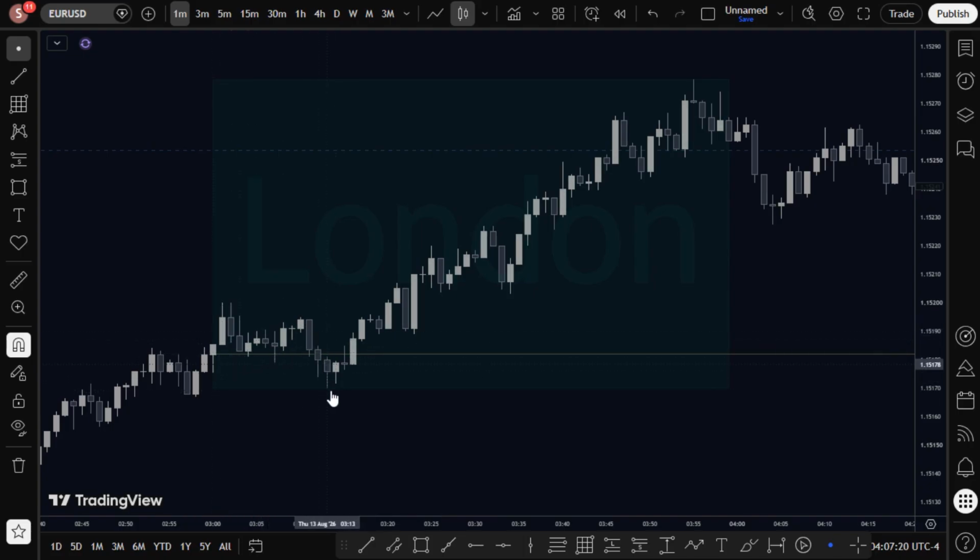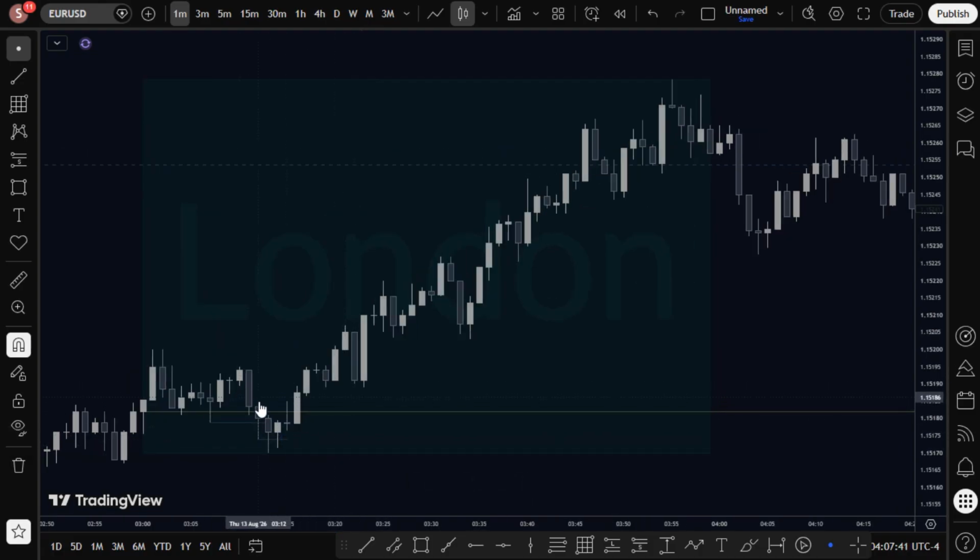Price came down. I will take it that price came down because this going up, there is no fair value gap here. Remember, I said fair value gap is compulsory. Price swept liquidity and gave us a swing formation. Okay, that's condition 2.